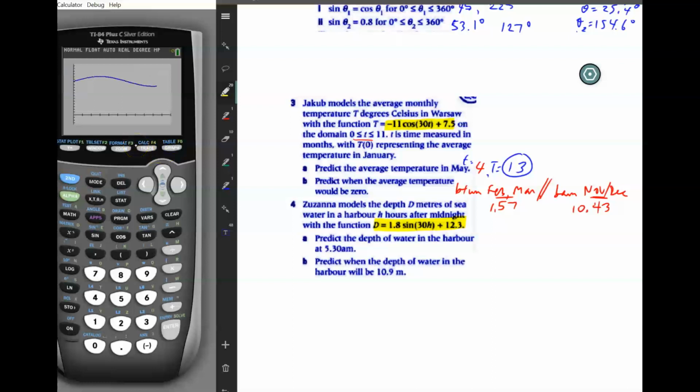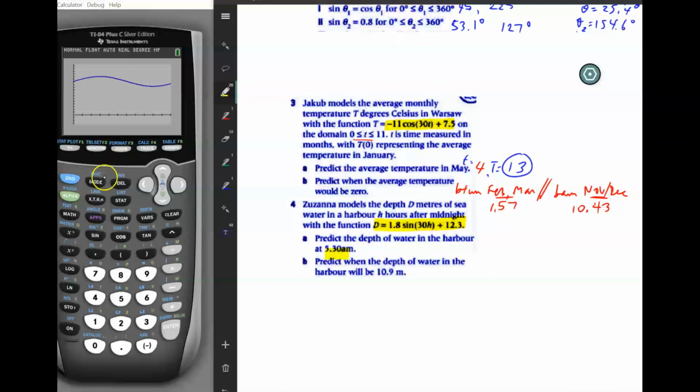And basically, H hours after midnight, so this can go from 0 to 12 or 0 to 24. It doesn't say what the domain is, right? But they just want to know for now, what is the depth of the water at 5.3 a.m.?